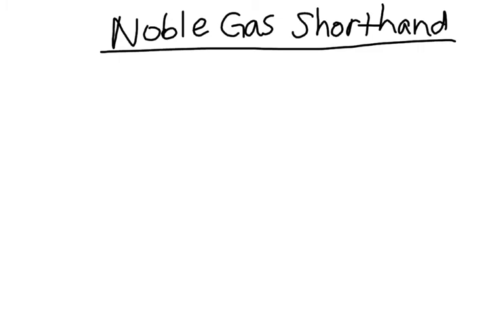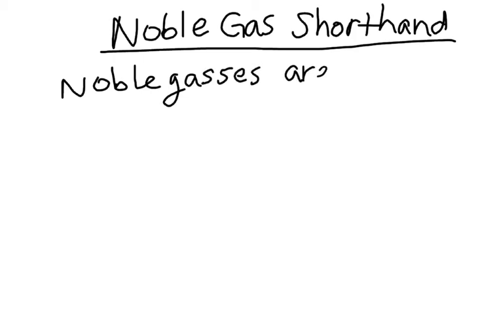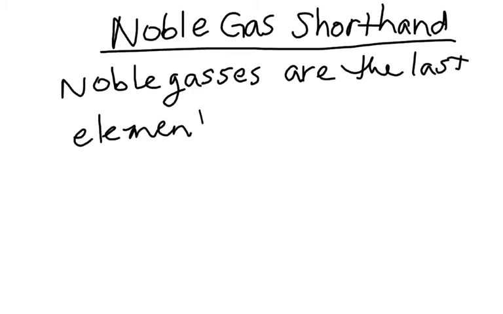Now, what is a noble gas? Noble gases are the last elements of each row. They are called noble gases because they are extremely stable. They're unreactive. Helium, neon, argon, krypton, xenon, and radon.